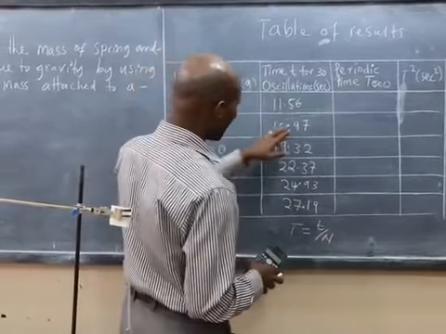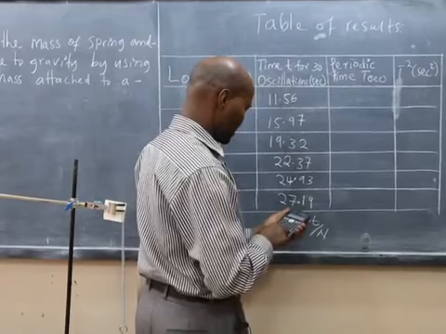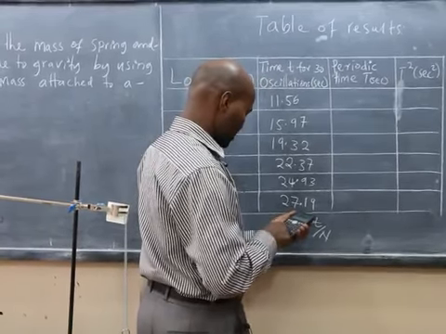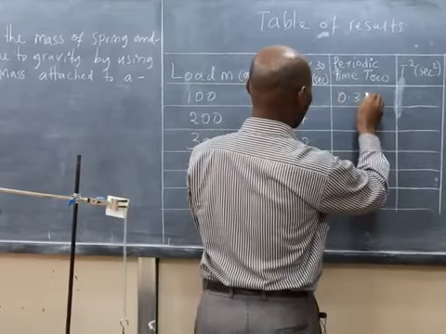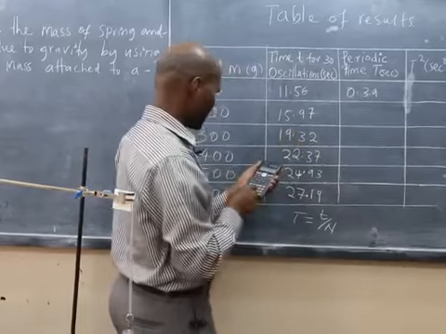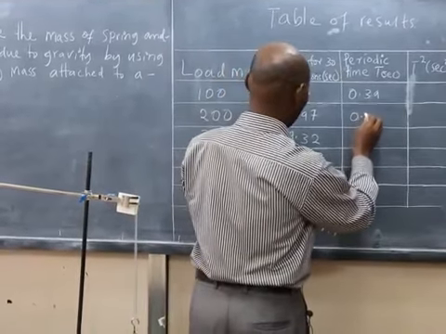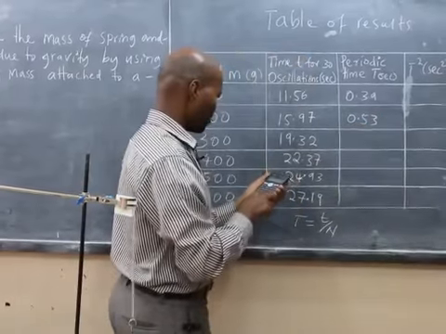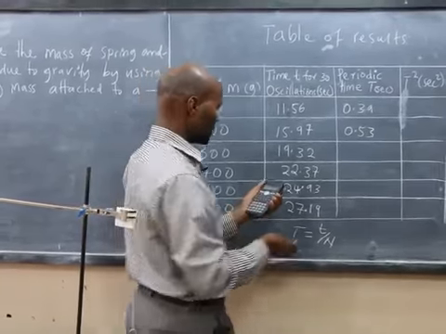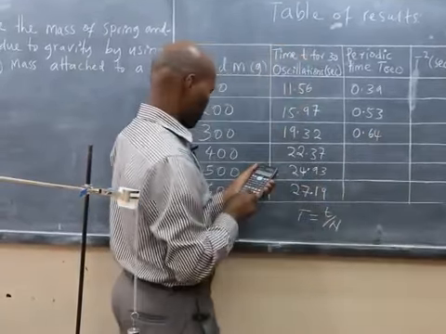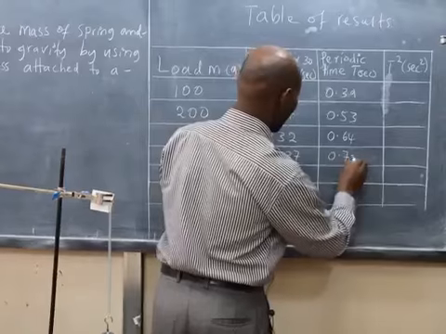So we divide 11.56 by 30, you get 0.39 seconds. 15.97 divided by 30, we get 0.53 seconds. 19.32 divided by 30, you get 0.64. 22.37 divided by 30, we get 0.75.